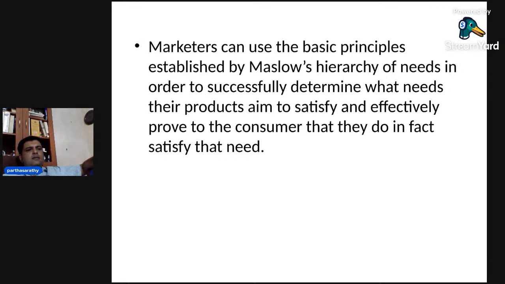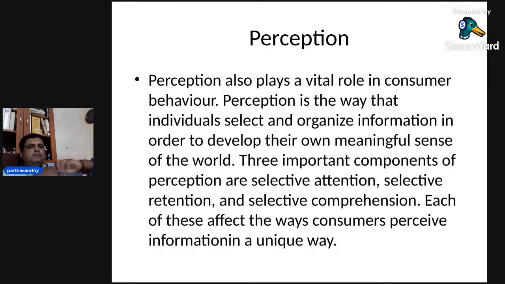So all these things have to be considered. So it is very useful for the marketer to use this model to successfully determine what needs their product aims to satisfy and effectively prove to the consumer that they do in fact satisfy their needs. So that was all about Maslow's need hierarchy theory.